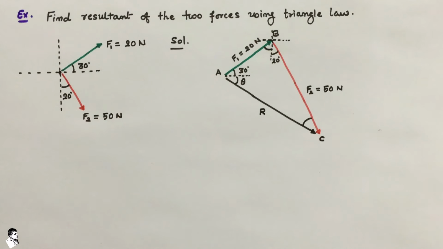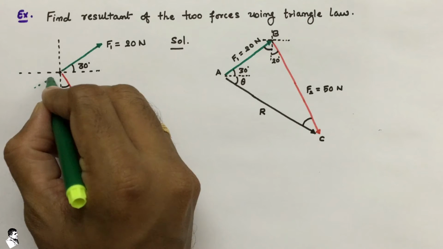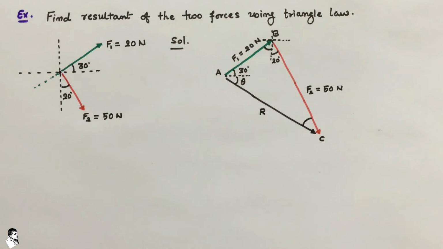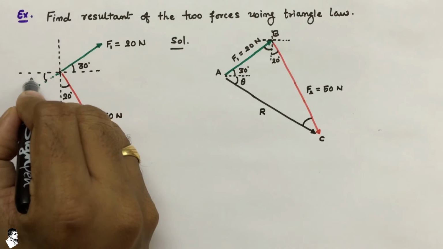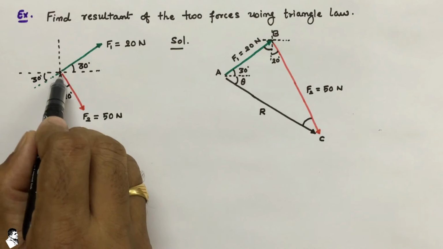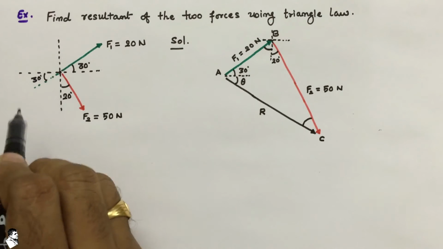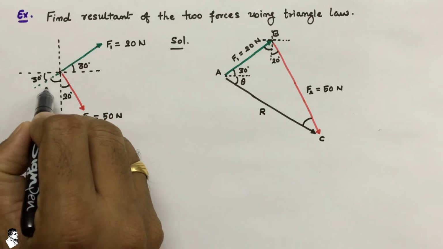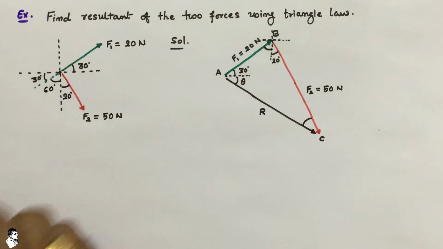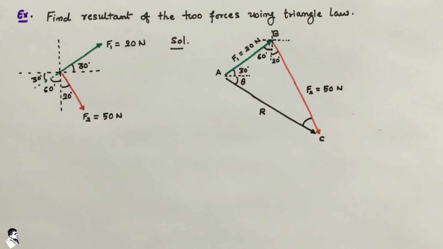Same way if I draw here, you can understand very easily. If I extend this line and here is the 30-degree, so definitely this one is also a 30-degree, and these two lines are perpendicular, so this will be 90 minus 30, so this will make a 60-degree. Okay, so this angle is a 60-degree angle.